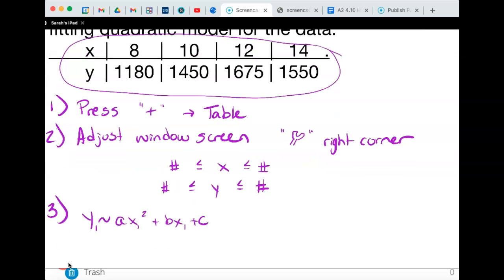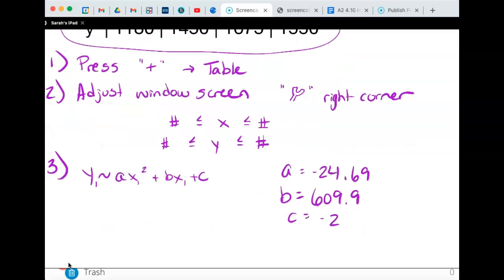Okay, so Balin got an a value of negative 24.69, I'm going to say. b is 609.9, and c is negative 2,134.3.